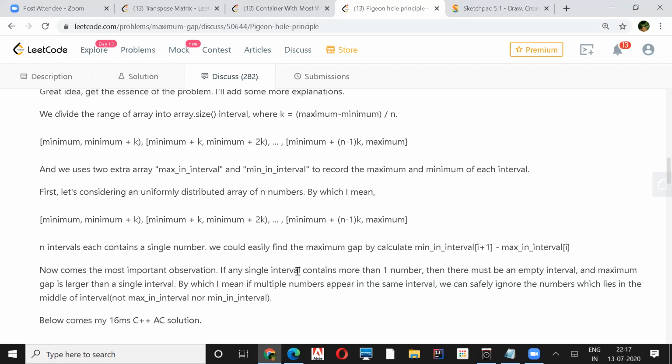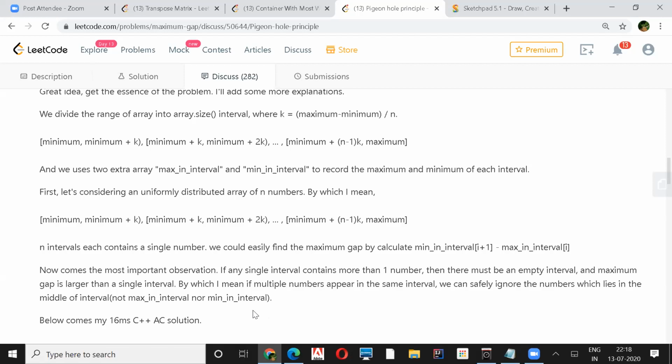Yeah, and then that is what actually satisfies our argument. And the maximum is larger than the single interval. Multiple numbers appear in same interval. Why is this saying which lies in the middle of the interval? We can safely ignore the numbers which lie in the middle. Because if it lies in the middle of that interval, it is going to be lesser than the bucket size, right?